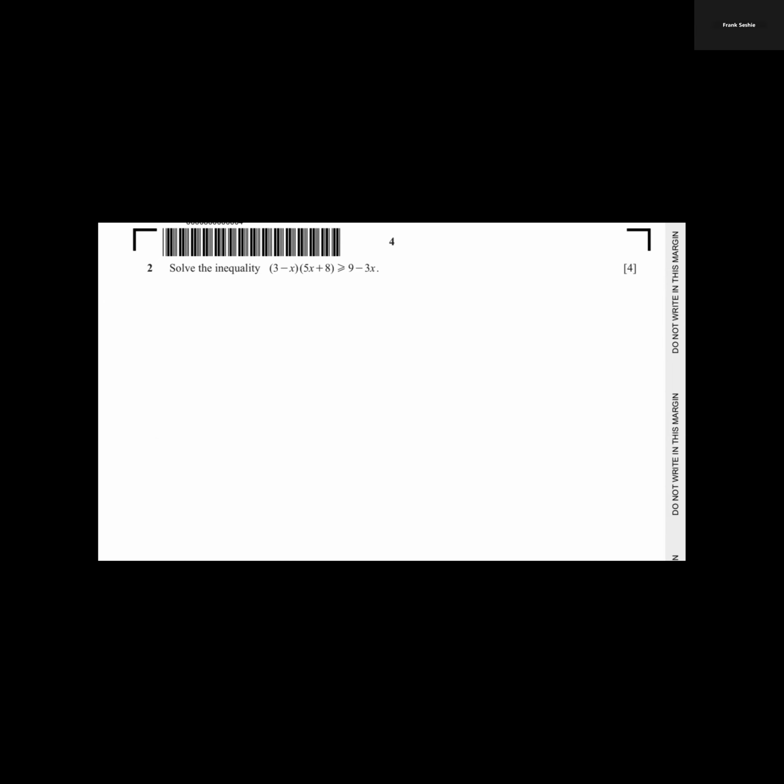Solving this, first you would have to expand. 3 times 5x is 15x. 3 times 8 is 24. Negative 5x squared minus 8x. Then you have 9 minus 3x.